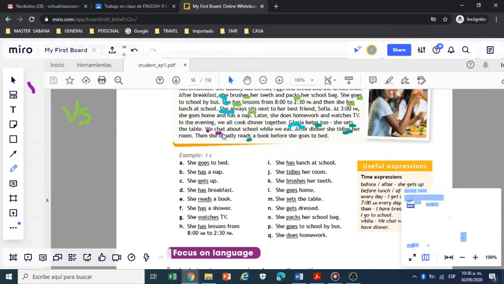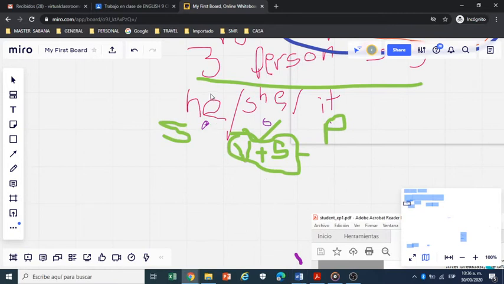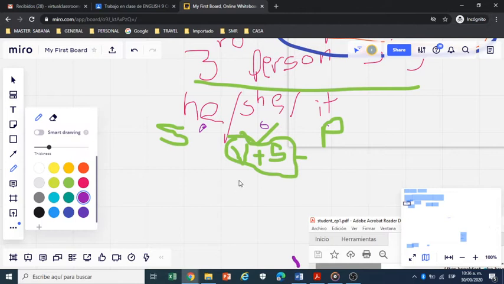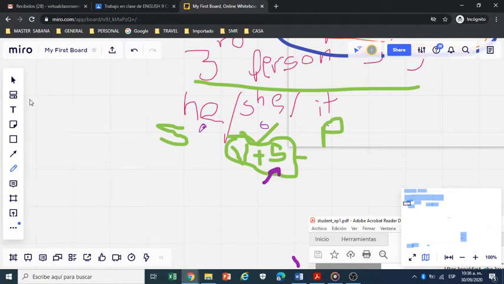Chat, the verb with no S. Can you see the difference? No S, because we is not third person singular. So we add the S to the third person singular in simple present, the verb with S. Don't forget the S. Another example.